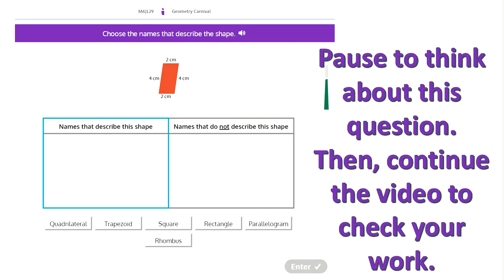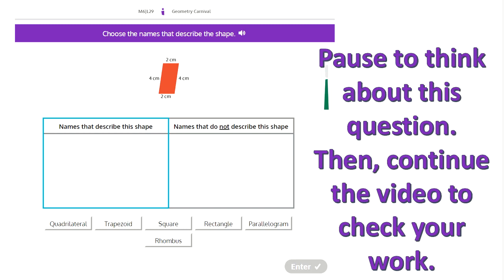Now we get to put our knowledge of attributes of shapes into practice. Here we are asked to choose the names that describe the shape. We're going to look at this shape that has 2 sides with 2 centimeters and 2 sides with 4 centimeters. And we're going to select names that describe this shape and names that do not describe this shape.